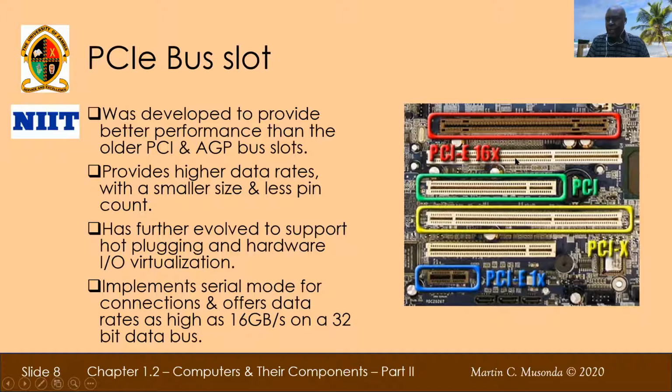They look very similar to the PCI. This is the PCI slot. It looks very, very similar, so you have to pay attention to be able to distinguish PCI and PCIe.